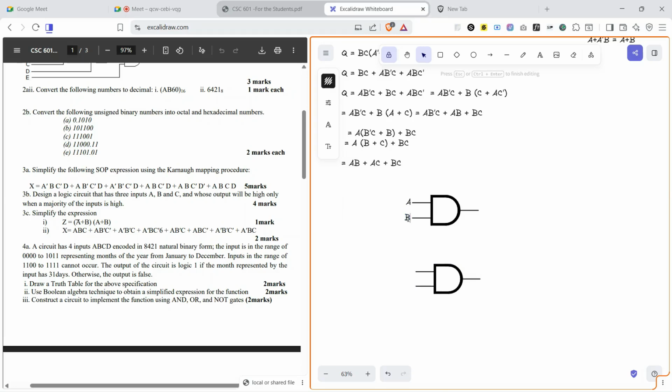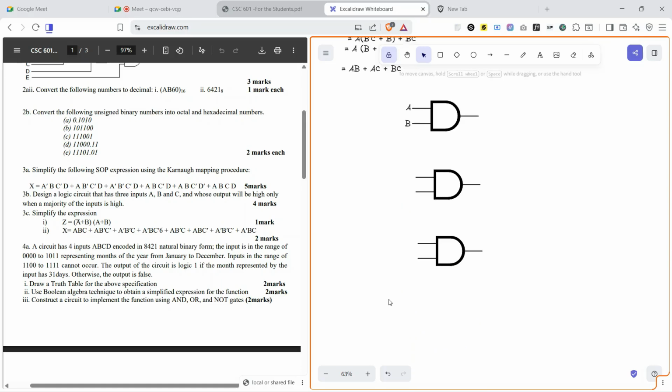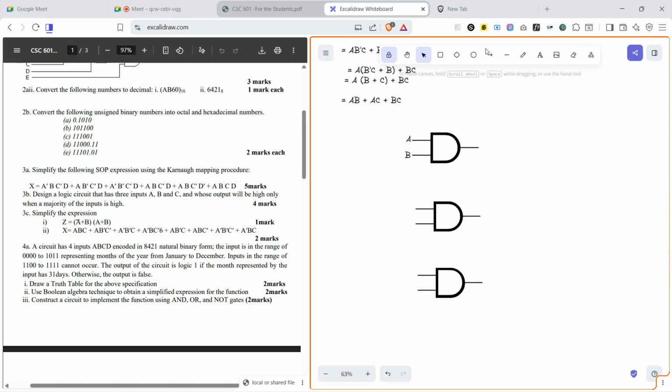This is supposed to be B, sorry. So AC. Then the final one is BC. So for this A, you can connect this to this. Since this is A, this is the C.